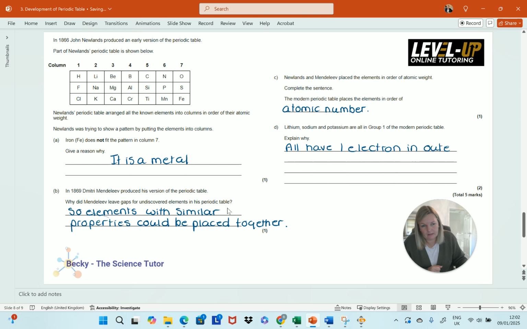But now we know that the number of electrons, and particularly in the outer shell, that's what gives them their reactivity. So similar properties, and so they're in the same group.